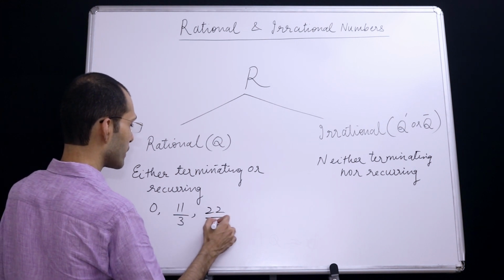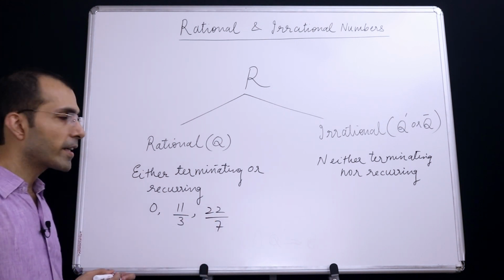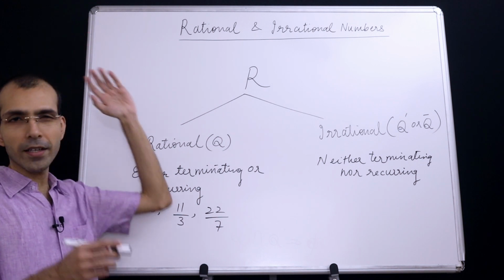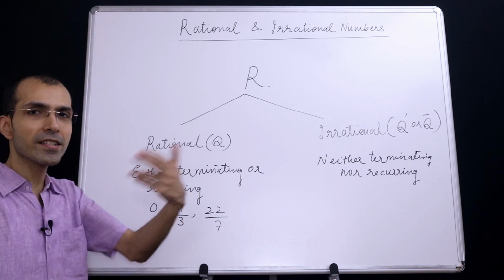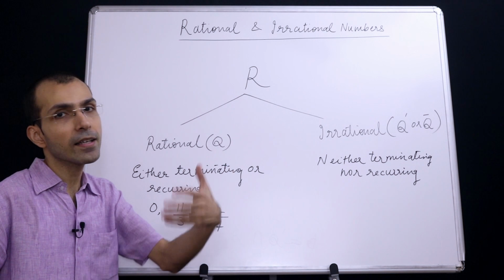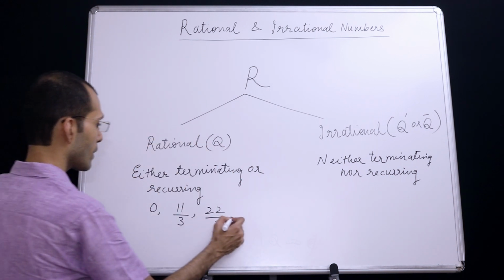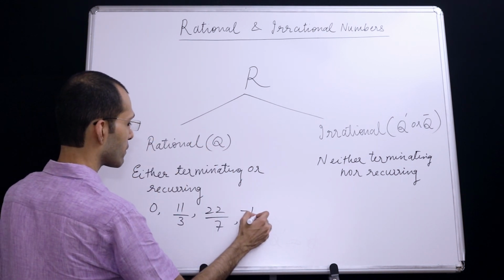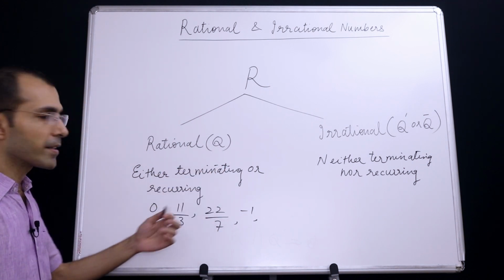22 upon 7. Do this, you will get 3.14285 something, and then after few digits a pattern will start recurring. Okay, we can even have -1. This is terminating.